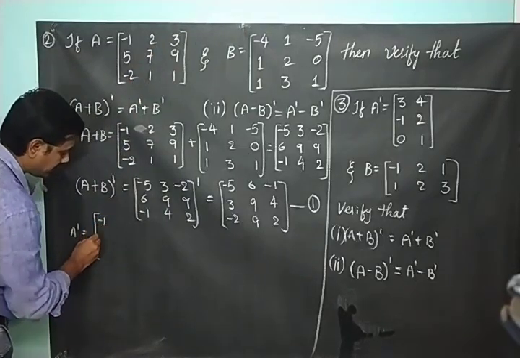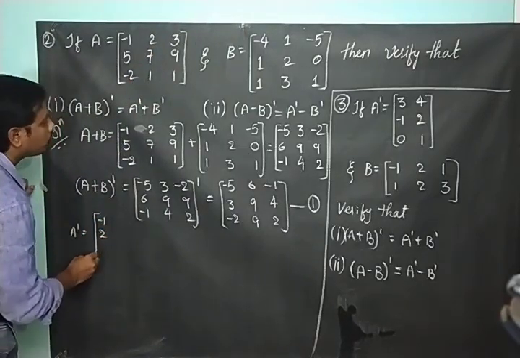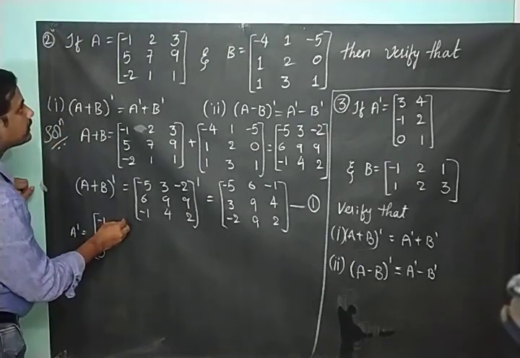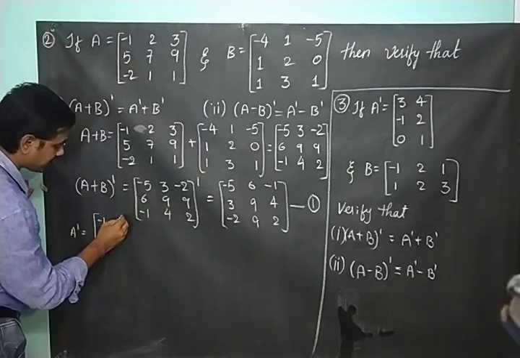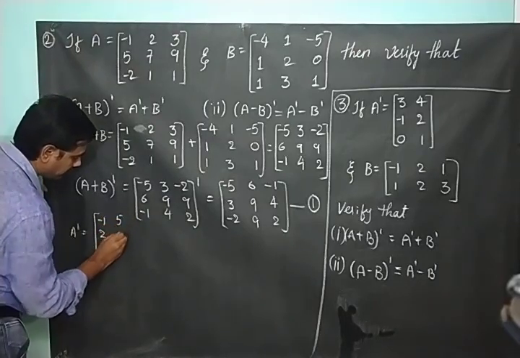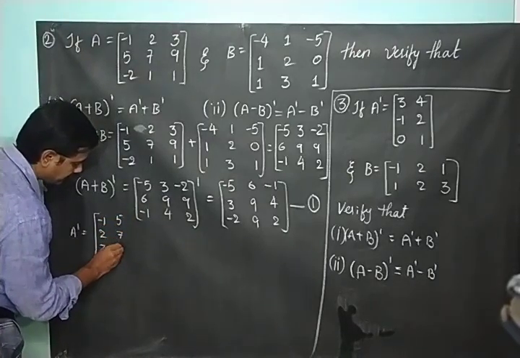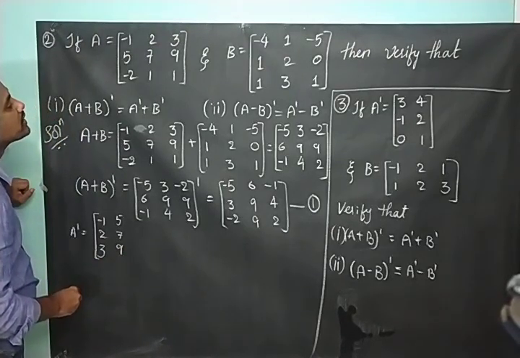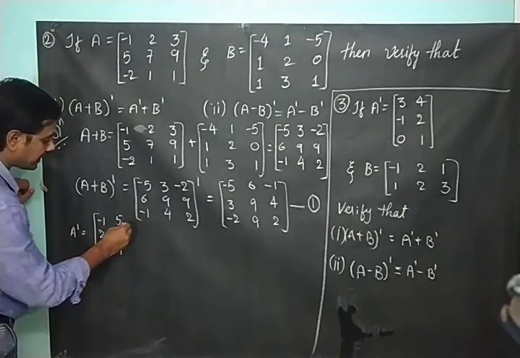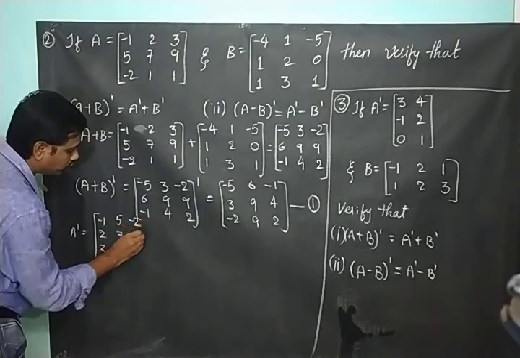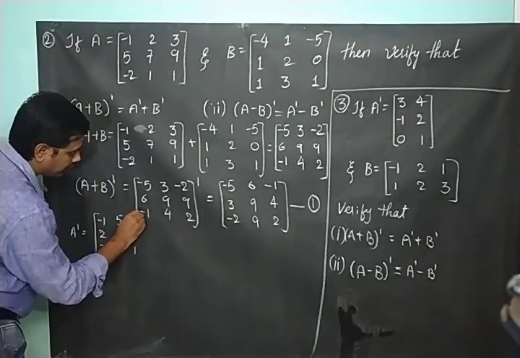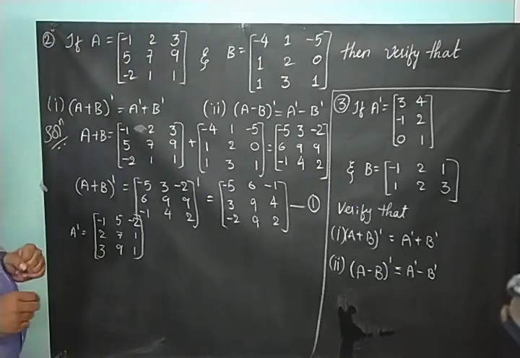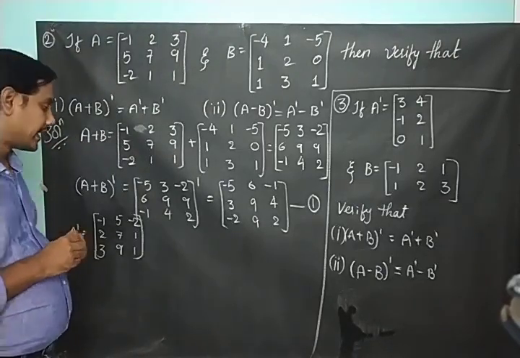So minus 1, 2, 3. Then the second row is 5, 7, 9. That should be written as the second column: 5, 7, 9. And the third one is minus 2, 1, 1. That should be written as the third column: minus 2, 1, 1. So this is nothing but A dash.